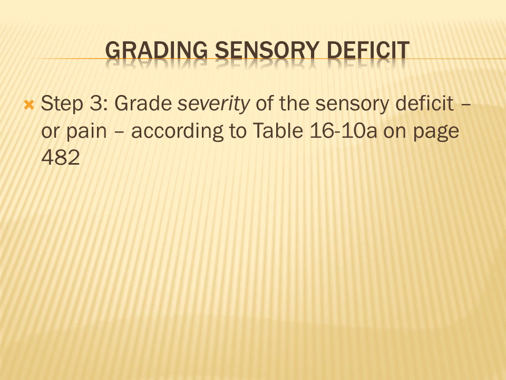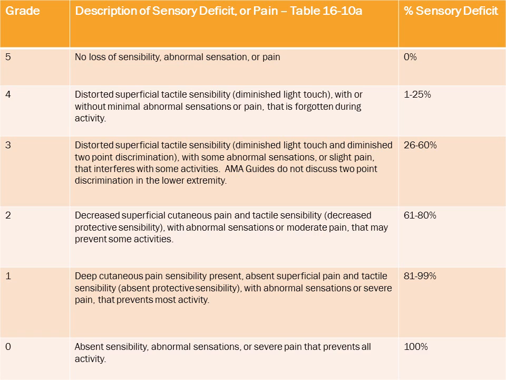Once you've identified the area of involvement, then you have to use Table 16-10A on page 482, and again that's in Chapter 16, to grade the severity of the sensory deficit or the pain. And I think we've gone over Table 16-10A in sufficient detail.